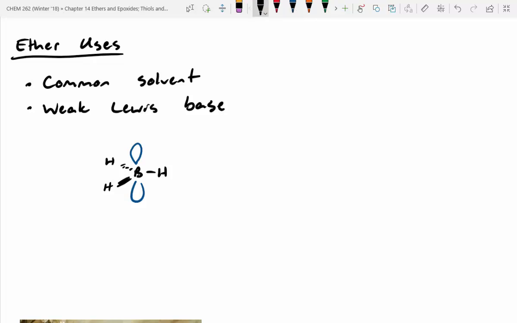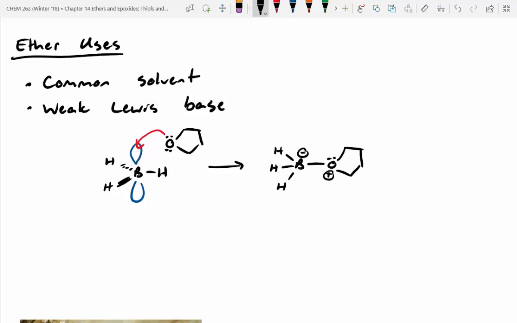And so what happens is, for example, when it's in THF, we said that this lone pair is going to dump into that empty p orbital and actually form a Lewis acid-base adduct, where you essentially form a new bond. This oxygen carries a positive charge and the boron carries a negative charge. So that's what BH3-THF looks like, it's basically just tethered up borane.